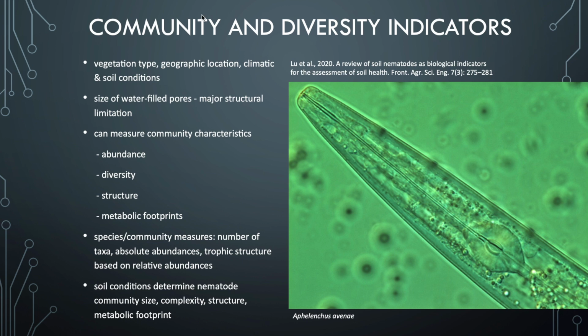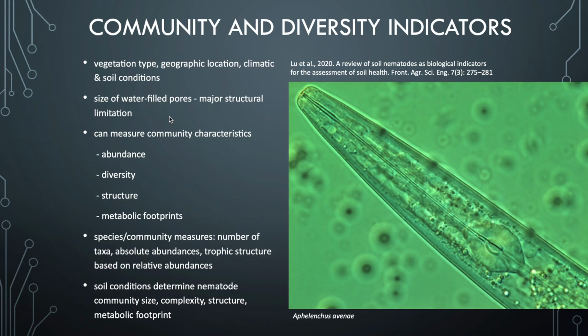Nematode community and diversity characteristics can be used as indicators, and this is influenced by vegetation type, geographic location, climatic and soil conditions. Size of water-filled pores is a major structural limitation, and therefore it affects the community and diversity of nematodes within the soil.